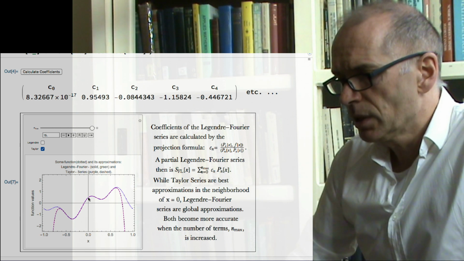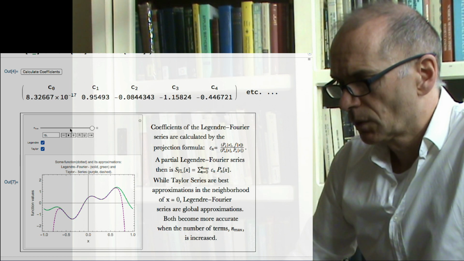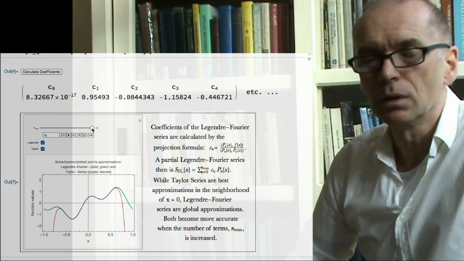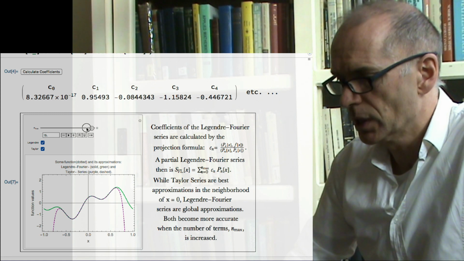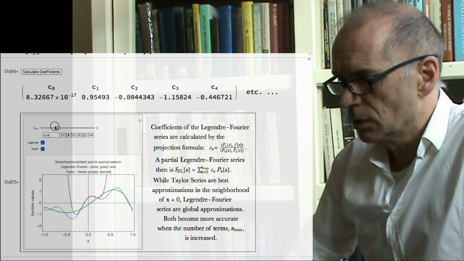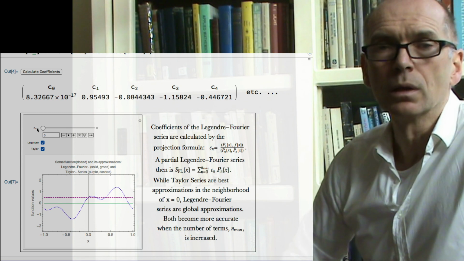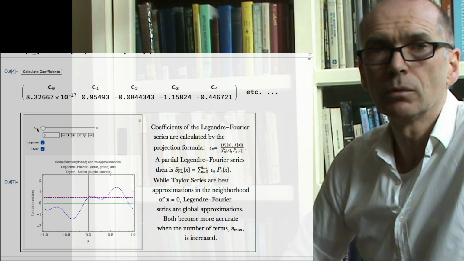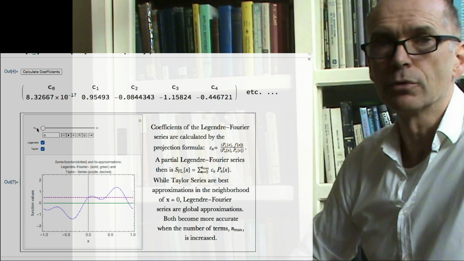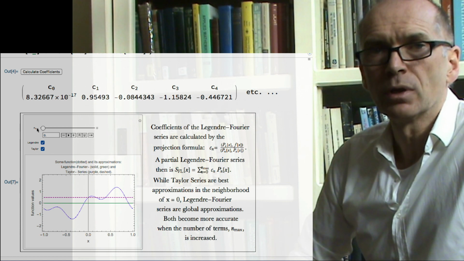Now if we compare that to the Legendre series, that is fully accurate, as far as the eye can tell. But the convergence is different. So if we again start by taking only one term into account, only the x to the power 0 term, you see that the Taylor series gives the value of the function at x is 0.